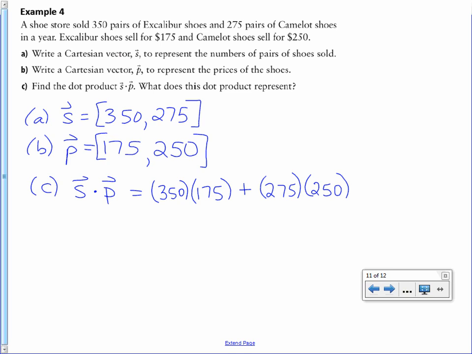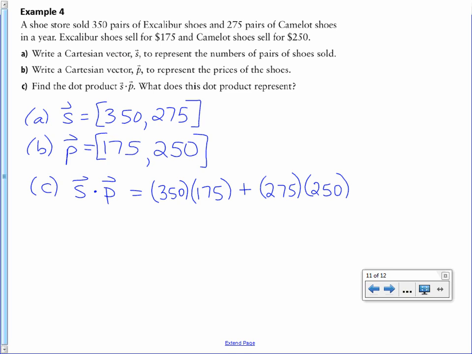Pardon? The total amount of money for each. You're going to get the total amount you make on these shoes, right? Because you're going to get the total amount generated from the 350 pairs of Excalibur shoes, and the total amount generated from the 275 pairs of the Camelot shoes, because you're multiplying by the dollar amounts.